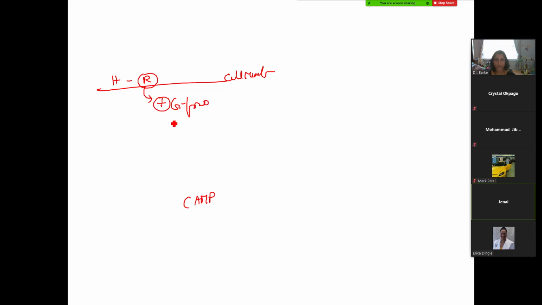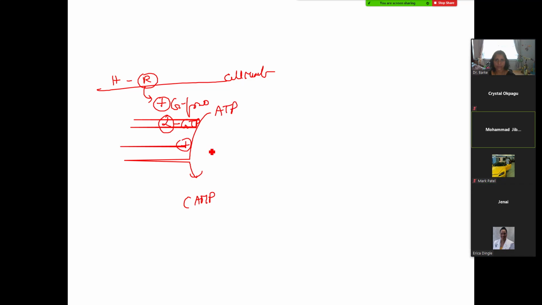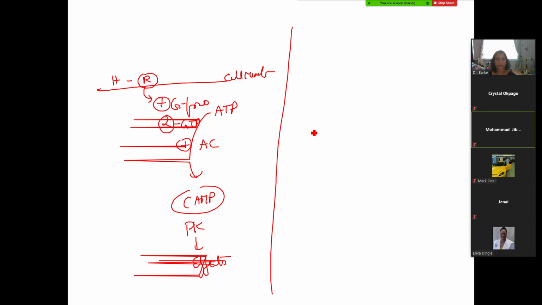So what do you mean by activation of G protein? The alpha subunit dissociates with GTP, and this alpha-GTP will activate the enzyme which converts ATP to cyclic AMP, and that is adenylyl cyclase. And this cyclic AMP will activate protein kinases, which bring about enzymatic actions and physiological effects.